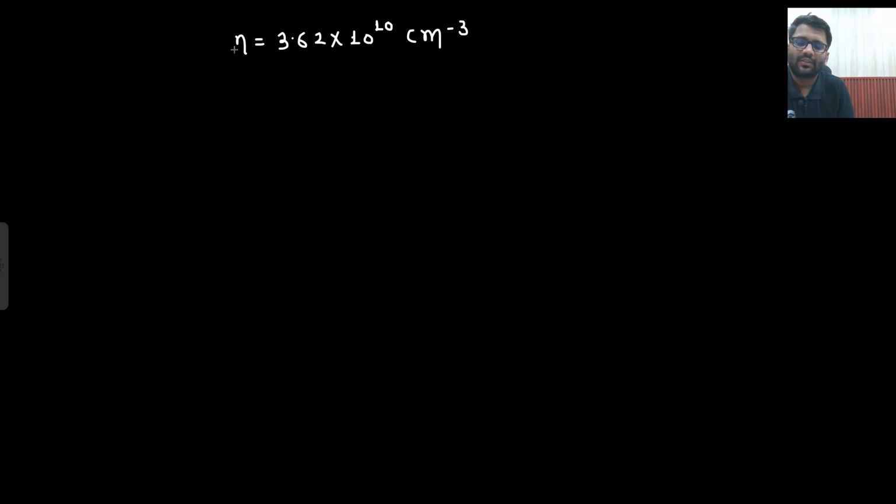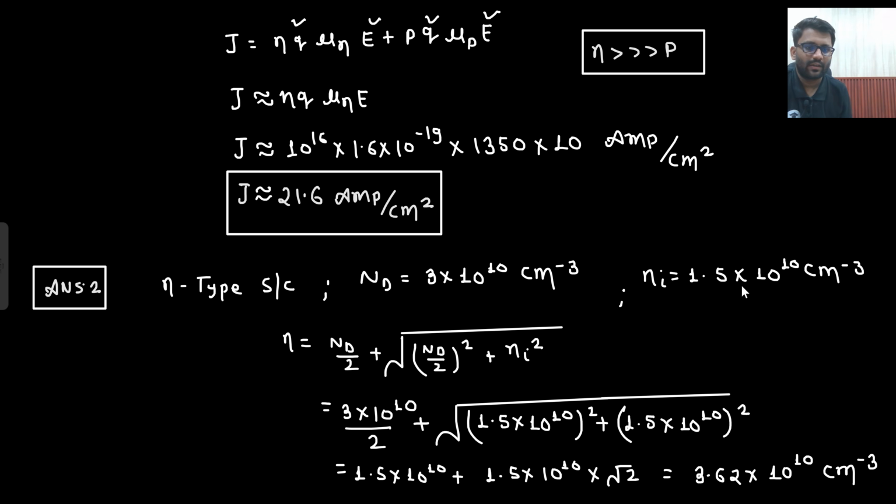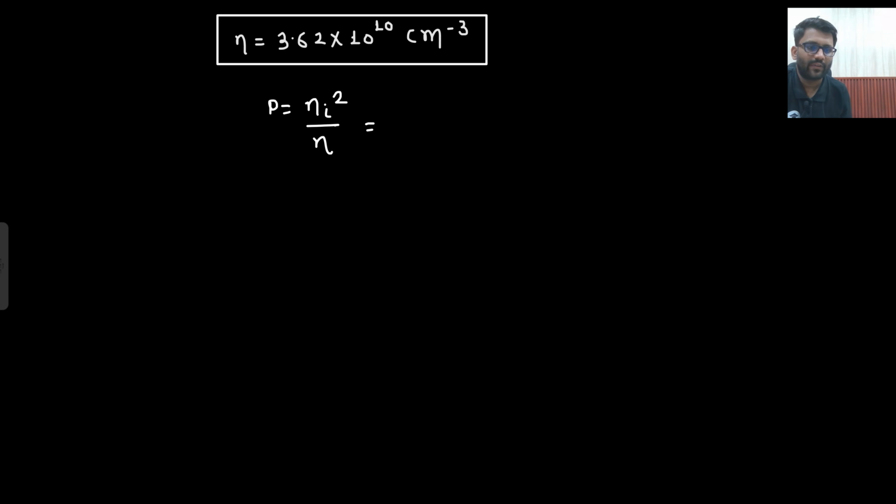And what will be your hole concentration then? Because holes are the minority, right? So ni² divided by n. What is the value of ni²? ni² is 2.25 × 10^20.